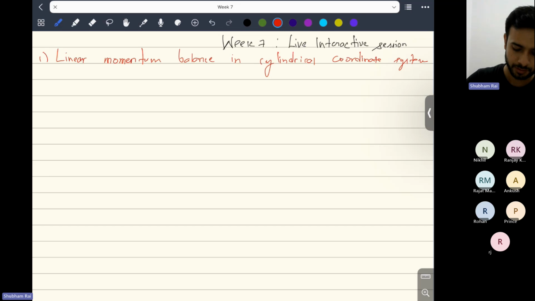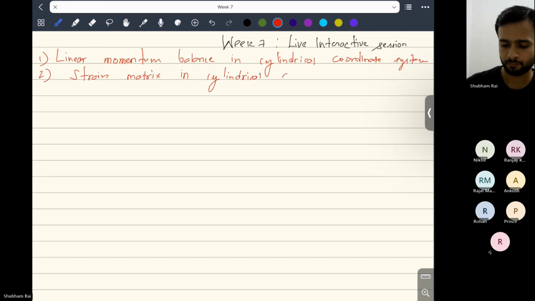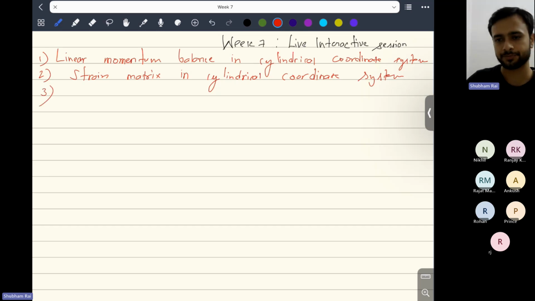This was the first topic, and then you would have studied strain matrices in cylindrical coordinate system. And you would have also studied stress strain relationship in cylindrical coordinate system.